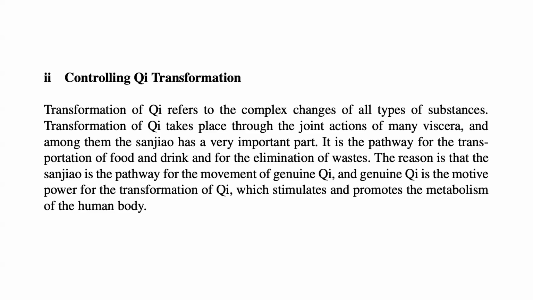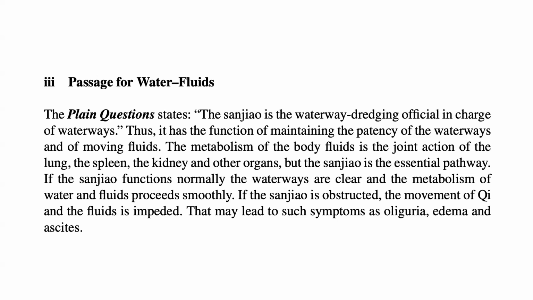Transformation of qi takes place through the joint actions of many viscera, and among them, the sanjiao is a very important part. It is the pathway for transportation of food and drink and for elimination of wastes. The reason is that the sanjiao is the pathway for the movement of genuine qi, and genuine qi is the motive power for the transformation of qi, which stimulates and promotes metabolism of the human body.